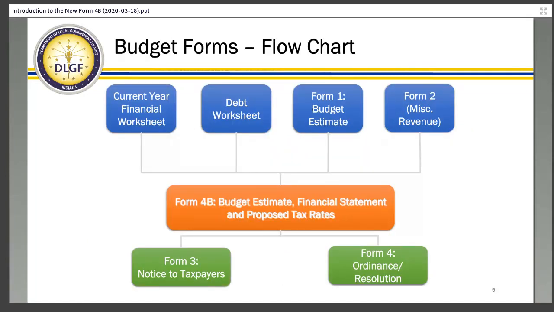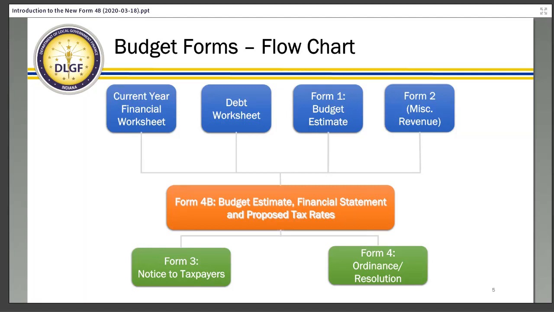If we're looking for a more structured or more formal definition, this is another way of looking at the way the budget forms sit together. The forms at the top, the ones in blue, represent our inputs. This is where you are reporting to us values on the current year financial worksheet, like your June 30th cash balance. You're reporting to us for the Form 1 information, the detailed information about each one of your expenditures. On the Form 2, you're providing us with the totals for your miscellaneous revenue.